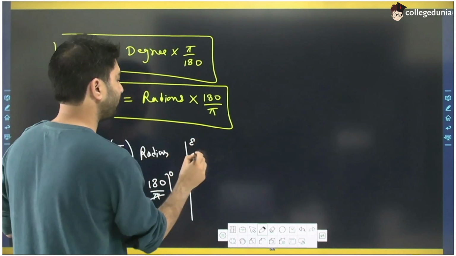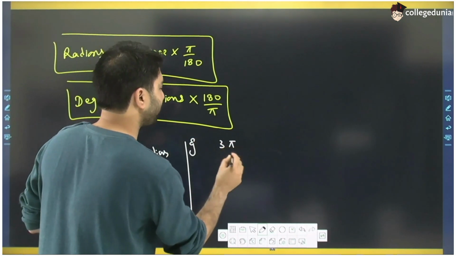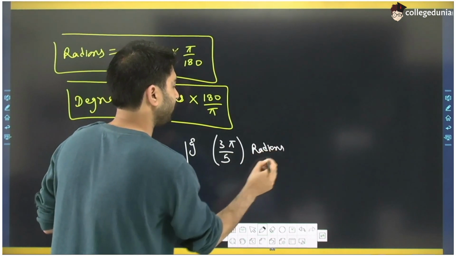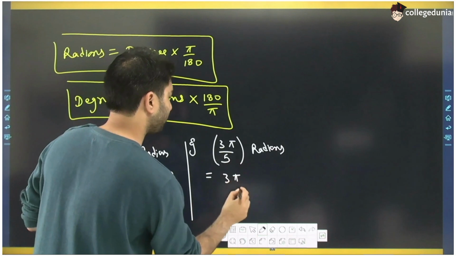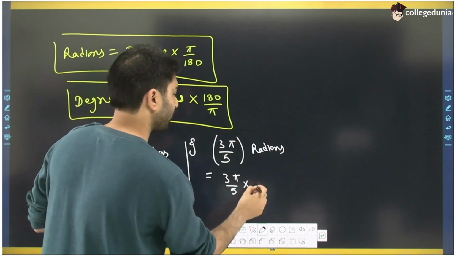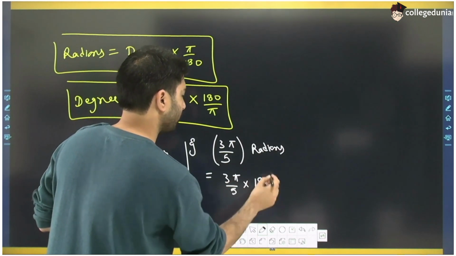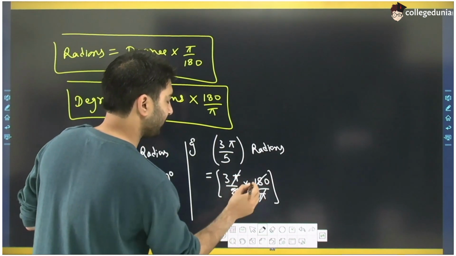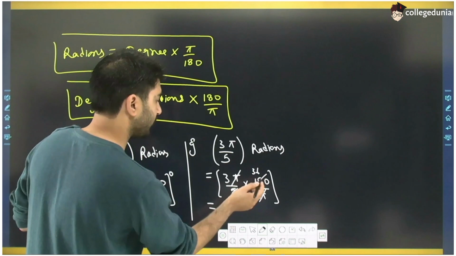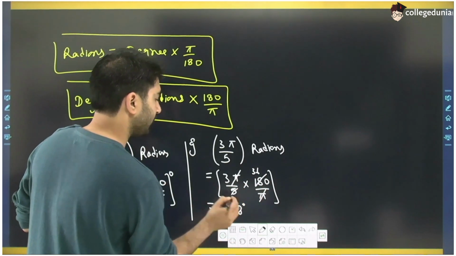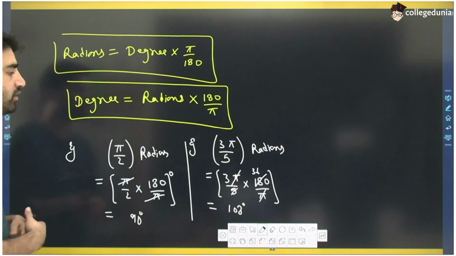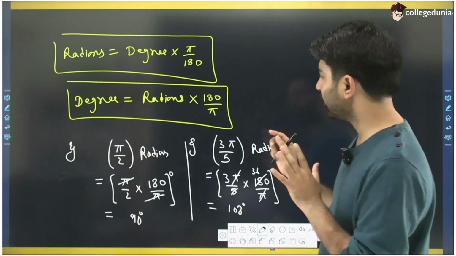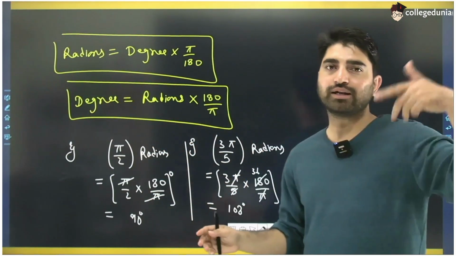Suppose we are given 3 pi by 5 in radians. So we will have to multiply 3 pi by 5 by 180 by pi. So here pi and pi cancel out. So 180 by 5 will be 36 and 36 into 3 will be 108 degree. So guys, this is the method to convert an angle in radians to an angle in degrees.